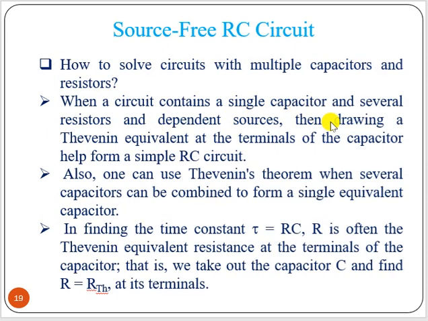Now, how do we solve circuits with multiple capacitors and resistors? When a circuit contains a single capacitor and several resistors and dependent sources, drawing a Thevenin equivalent at the terminal of the capacitor will help form a simple RC circuit. That means you have to find the RTH value and multiply RTH by C.